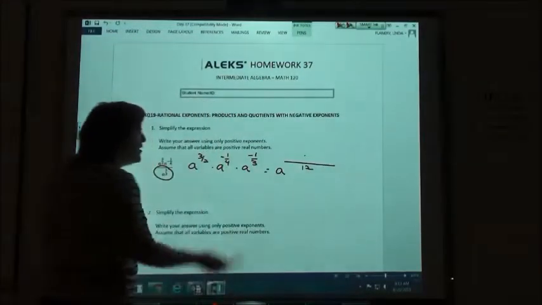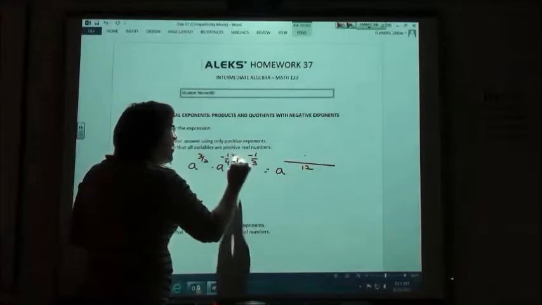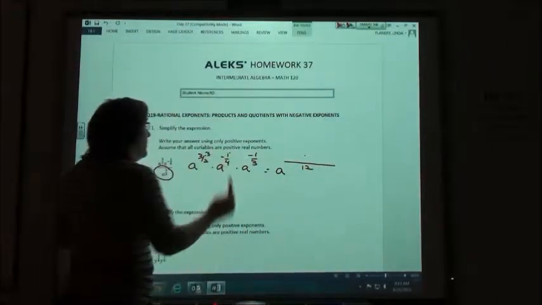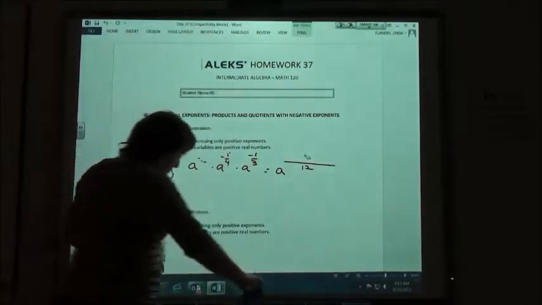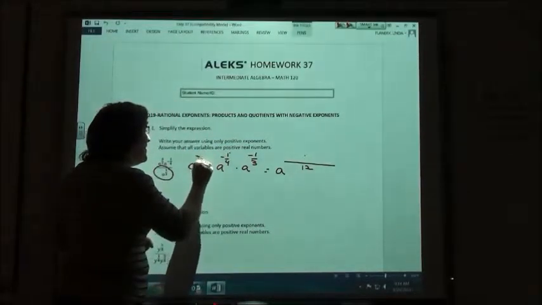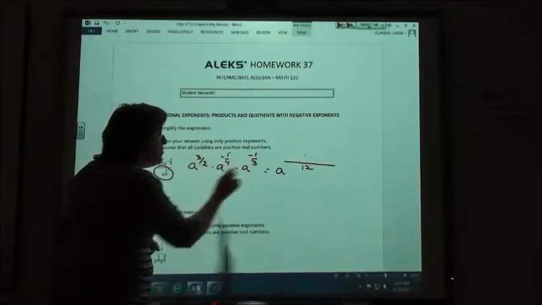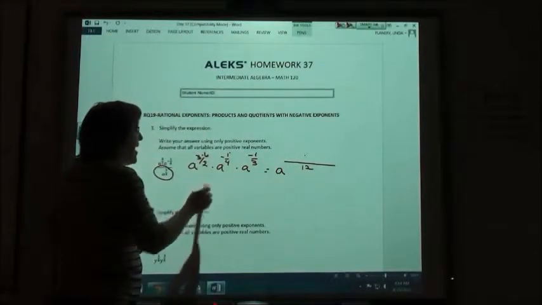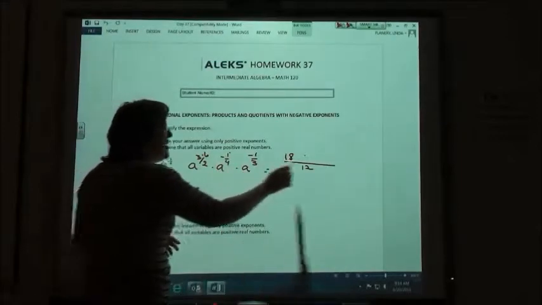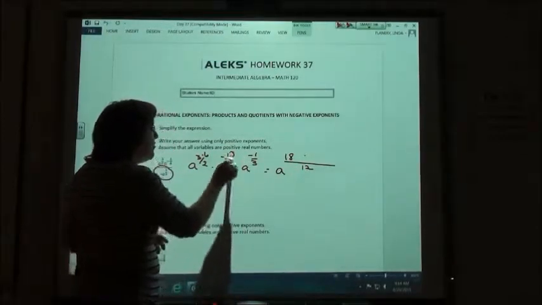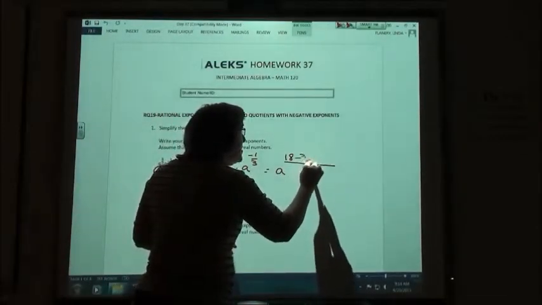Making my equivalent fractions, 4 goes into 12. Oops, I better do the first one. Now I got the wrong number up there. Do the first fraction, 3/2. 2 goes into 12 6 times. 6 times 3 would give me 18. Then 4 would go into 12 3 times. 3 times my minus 1 would be minus 3.